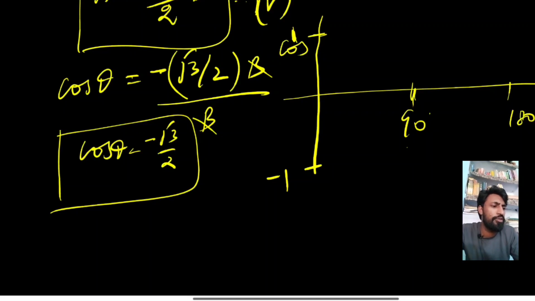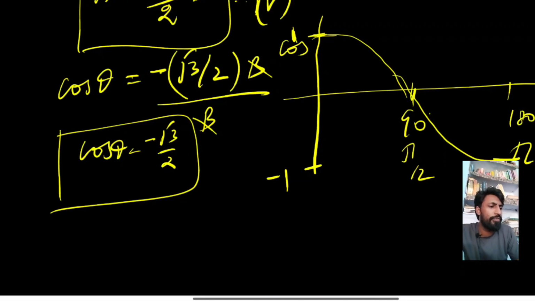In radians, this is pi by 2, and this is pi. This is theta. If I write this way, it goes like that. This is -1, and here it is 30, 60, again 30, and again 30, and this is 90.